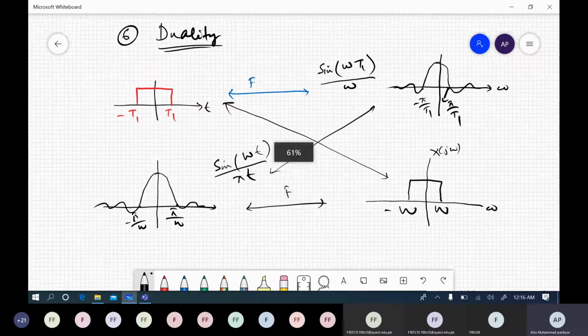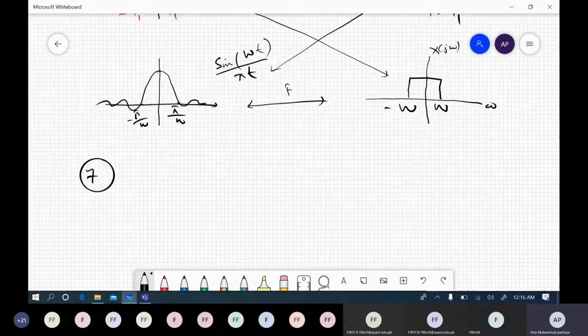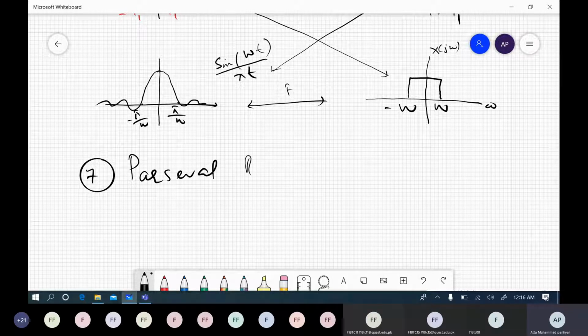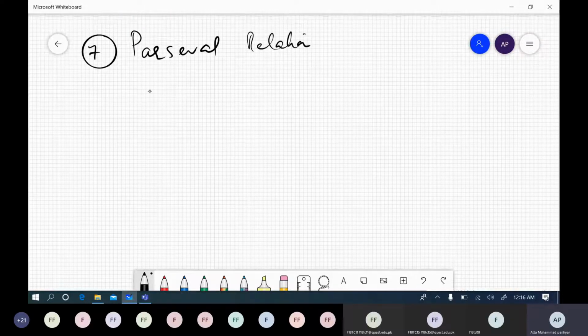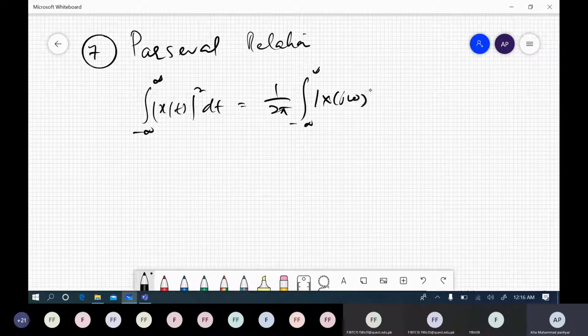So the second property in hand is, sorry, not the second, the seventh property is the Parseval relation, that states that if you find the energy in x of t over a bounded period, that must be equal to 1 over 2 pi from minus infinity to infinity of the squared signal in the frequency domain as well.